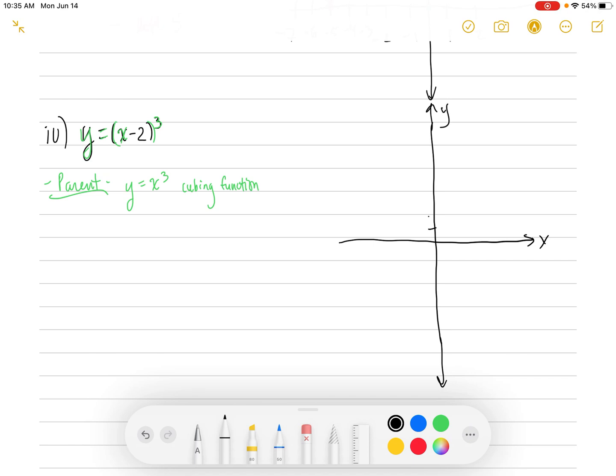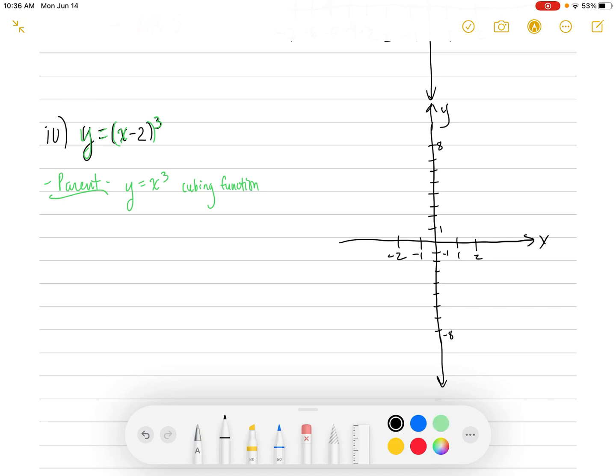I'm going to have to change my scaling. It's going to be by 1, 2, 3, 4, 5, 6, 7, 8. Negative 1, negative 2, negative 3, negative 4, negative 5, negative 6, negative 7, negative 8.